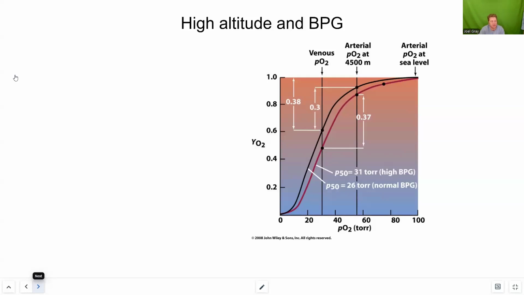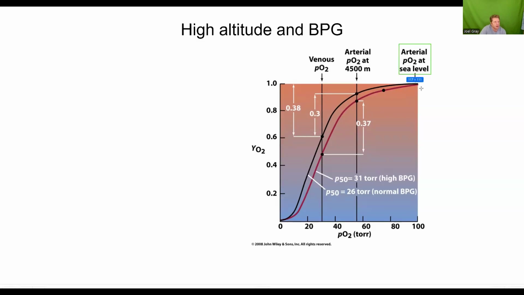This graph is a little bit complicated, but I think it highlights an important detail about bisphosphoglycerate and oxygen binding of hemoglobin. What I'd like to draw your attention to first is the singular black curve representing our hemoglobin's oxygen binding affinity at sea level.